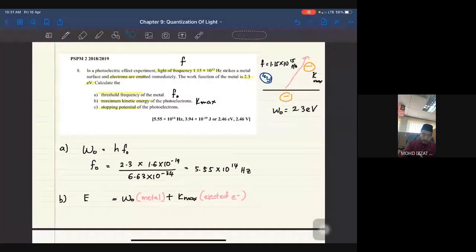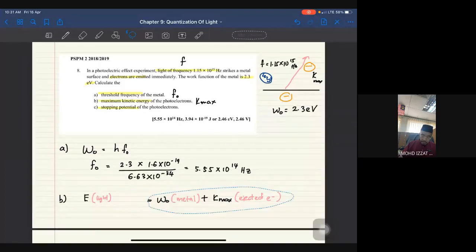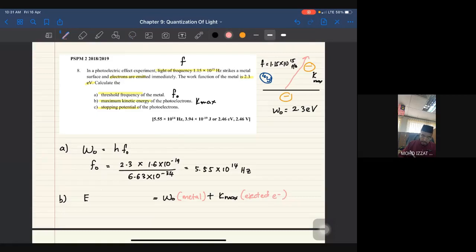And then of course we have E that is due to the incident light. So basically, you can take this equation out from your own diagram. What goes in equals what is used plus what comes out. Now, you want to find Kmax, so it is basically E minus W naught.